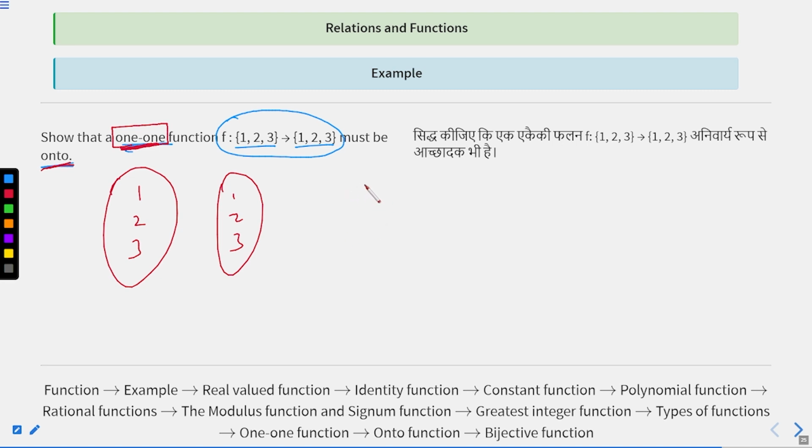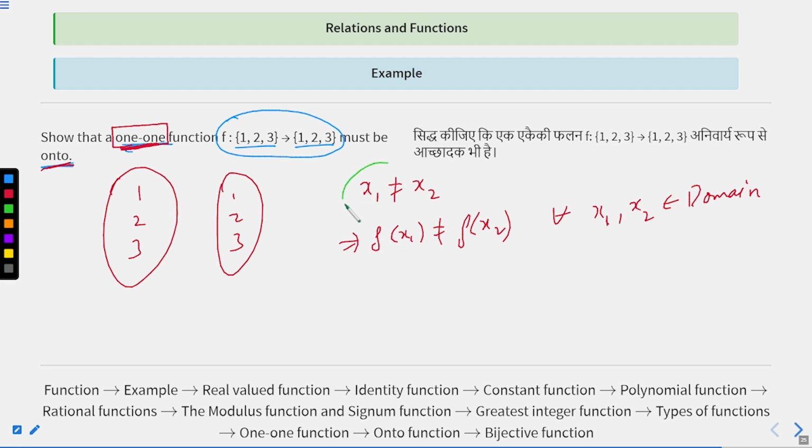So 1, 2, 3 and 1, 2, 3. If it is one-one, this means x1 not equal to x2 implies f(x1) not equal to f(x2), for every x1 and x2 we take from the domain set. So we cannot associate any 2 different elements to the same image.